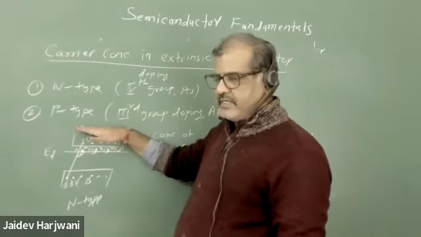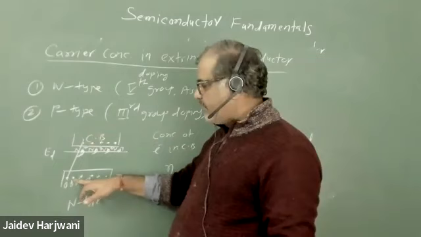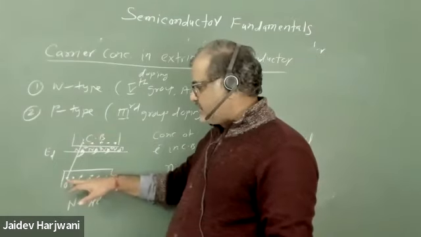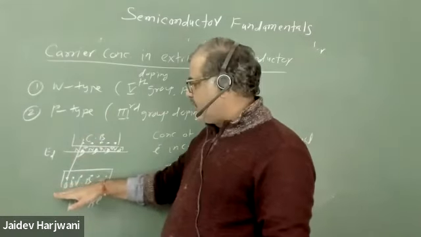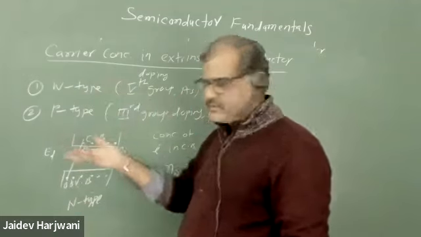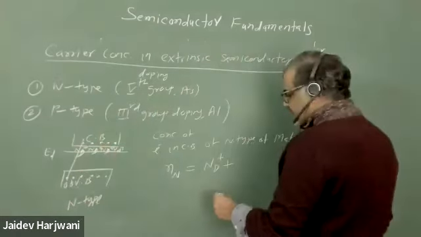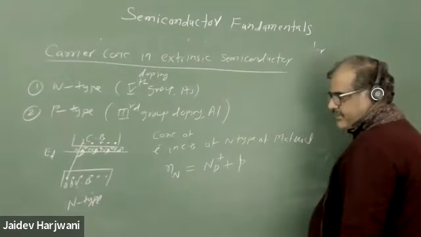So I have 10 electrons here. Similarly, there is some possibility the electron can come here from the valence band also. Suppose 2 electrons are coming, so you have 2 holes here. So 2 holes give you 2 electrons, and 10 ionized give you 10 electrons. So you have total 12 electrons. So you can say that I have nn equals to Nd plus p.